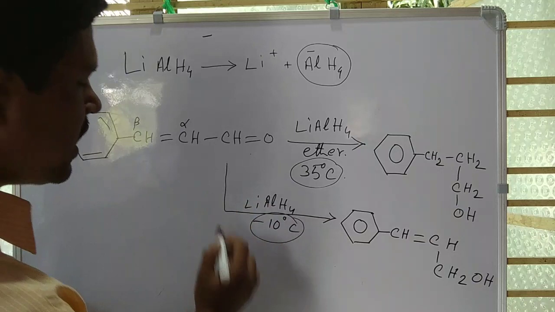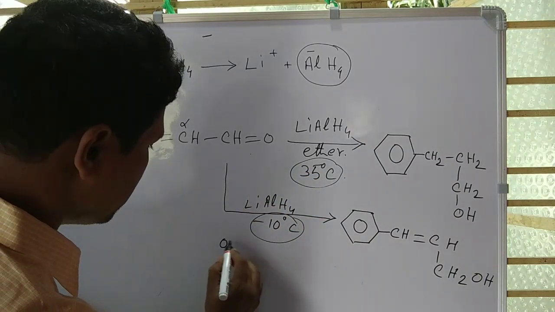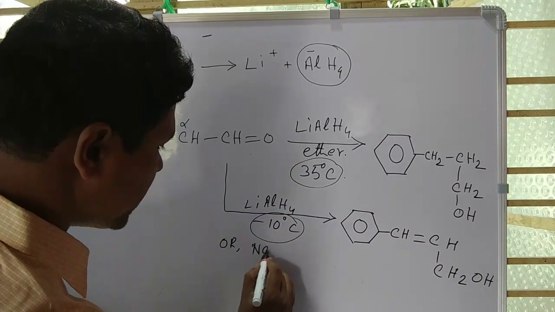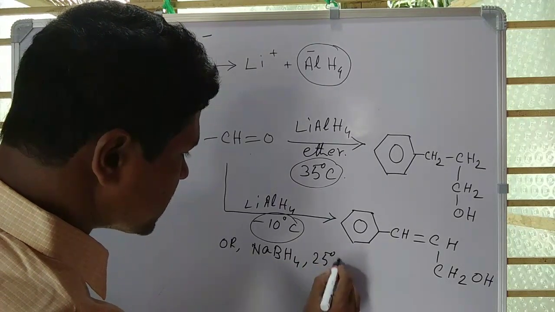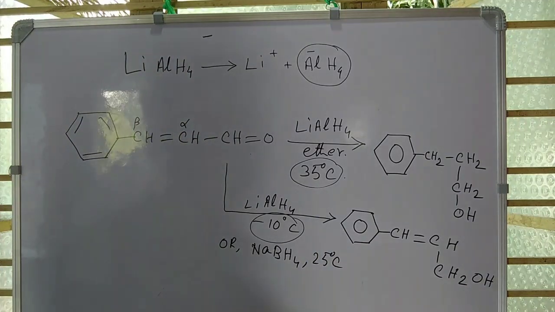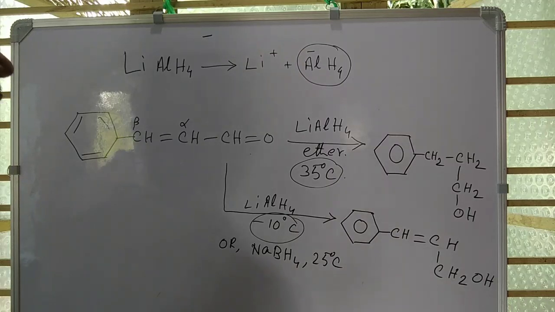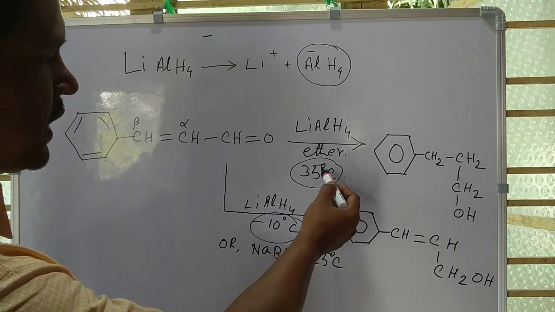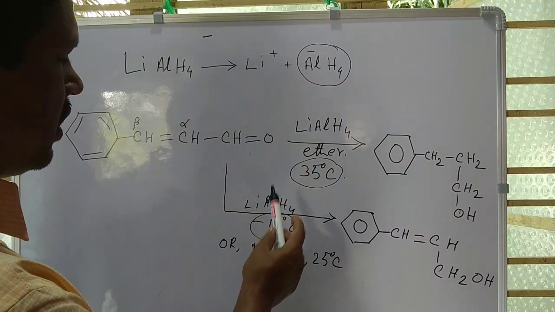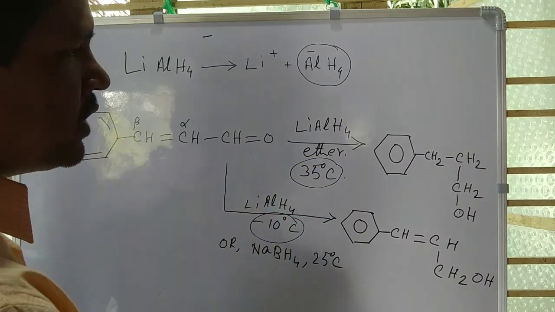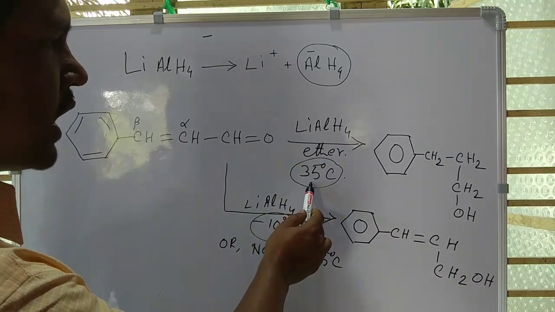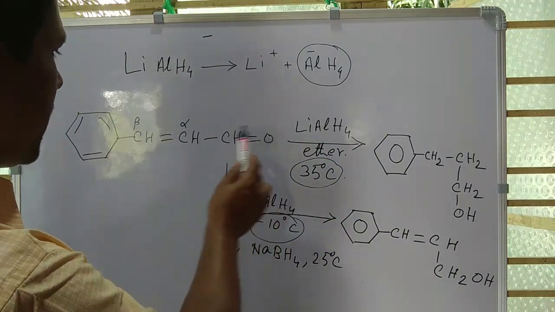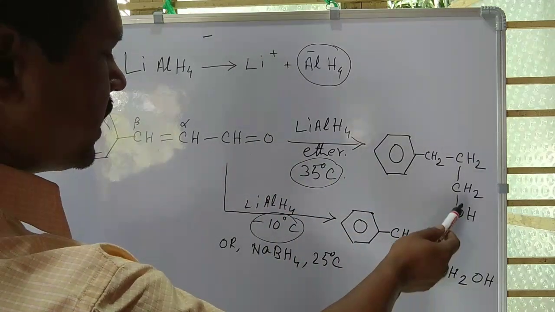If we treat it with NaBH4 at room temperature, that means 25 degrees centigrade, then we also get the same product. So here you see that by variation of temperature we can reduce the activity of lithium aluminum hydride. When it is treated at 35 degrees centigrade, this aldehyde part as well as this double bond will be reduced.